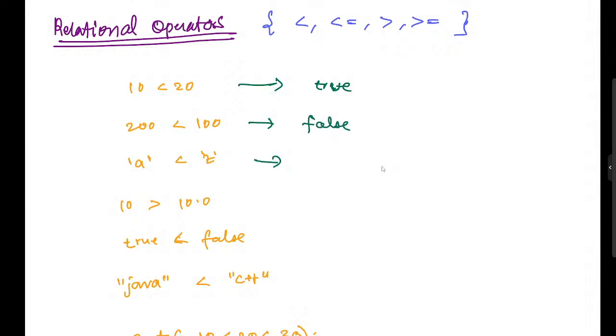A less than z, you will get true, because essentially A and z are characters, and internally in Java they are just numbers, like 97, and z would be somewhere around 97 plus 26, whatever the value is. So 97 is definitely less than this value, so that is the reason you'll get true here.